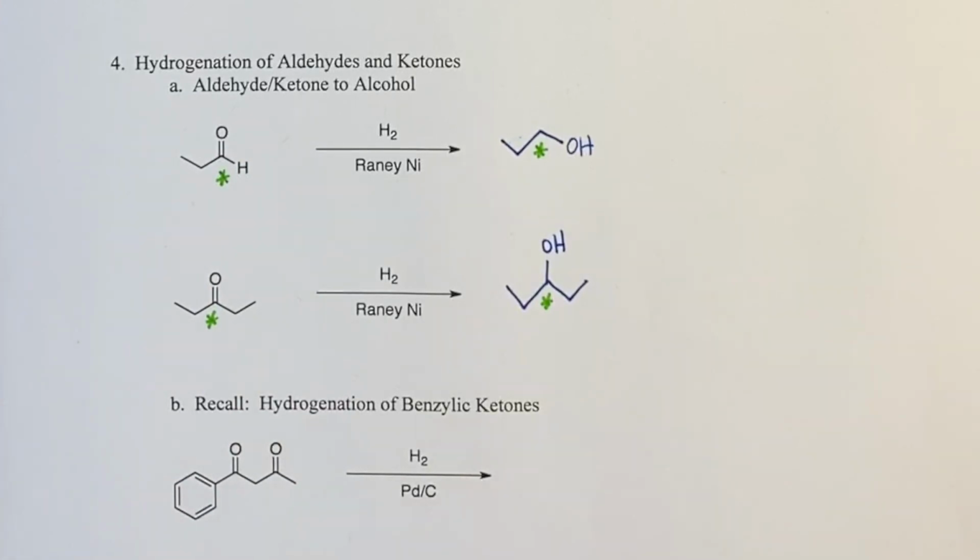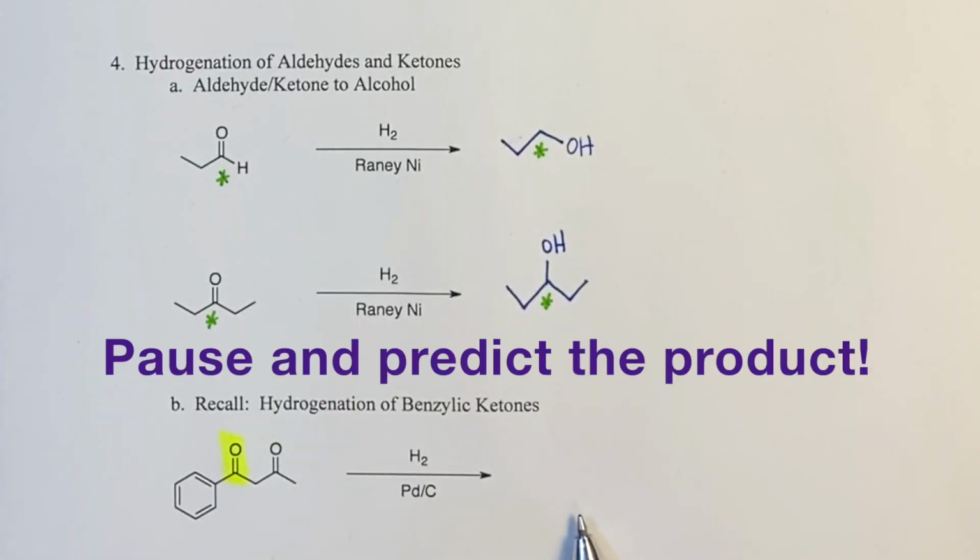As we look at this example, recall that we had a special reaction that took place if we had a benzylic ketone, like this molecule here. We had this ketone, and we treated this ketone with hydrogen gas and palladium on carbon. What would the product of that reaction be?